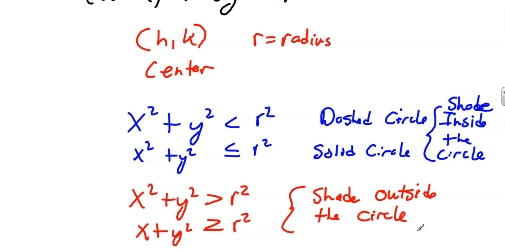They'll throw in a quadratic occasionally with some of these, so that'll pop up. But everything else, it's pretty much you're going to shade up and down. If it's greater, you're going to shade in the up direction. If it's less than, you're going to shade in the down direction. The only one that's different is the circle, because you're basically inside the circle or outside the circle. So when we're graphing these, that's pretty much about the only thing that you have to remember.